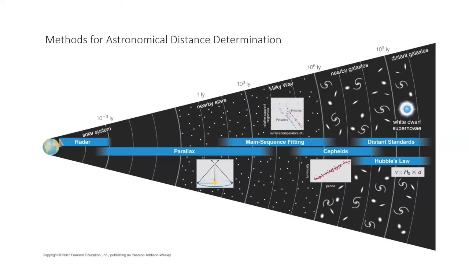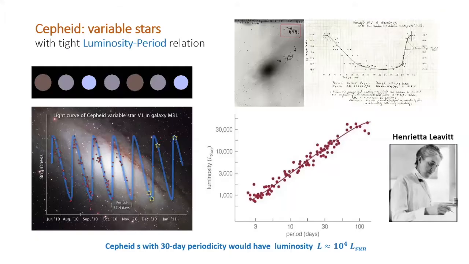Now, for galaxies further away, what are we going to do? We might not see enough supernovae. So that's when we rely on Hubble's law. We come back to a Hubble relation like this.